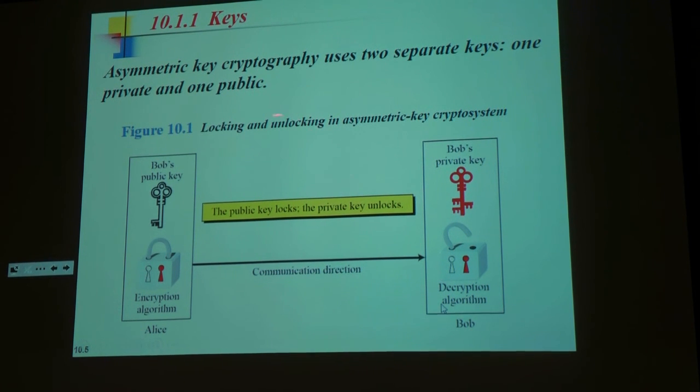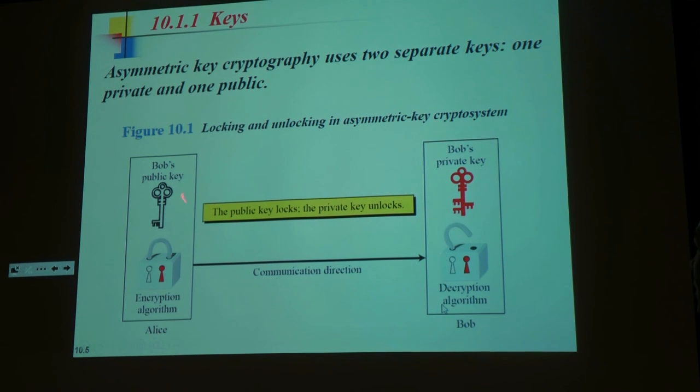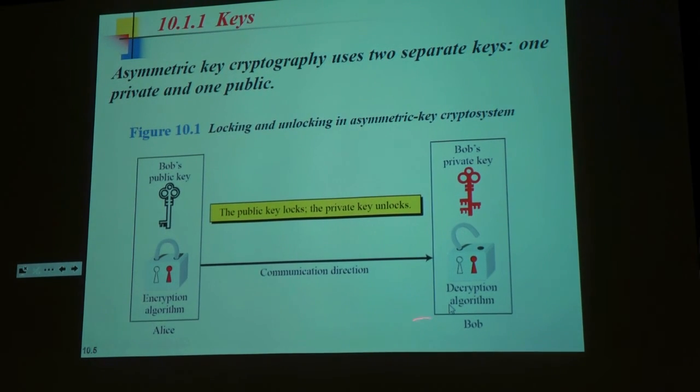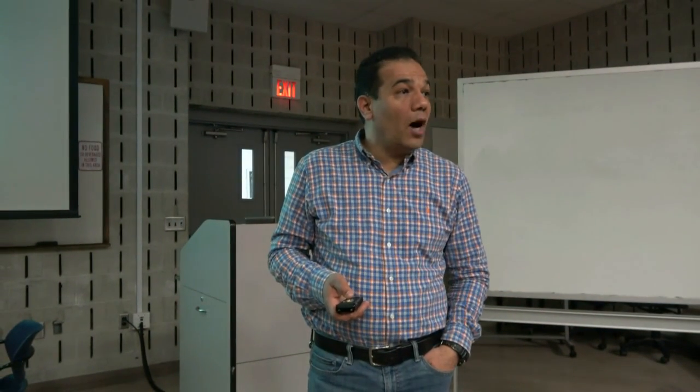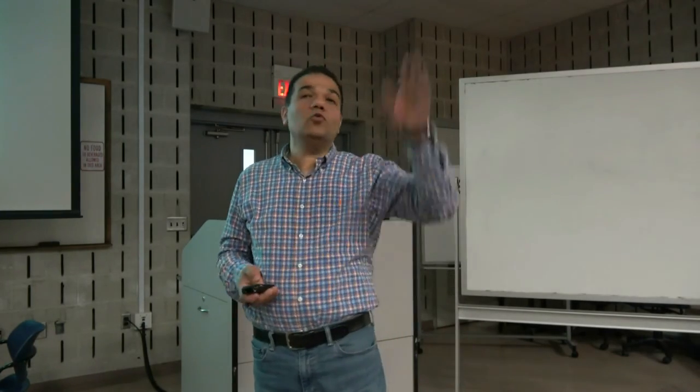So look at what will happen. This is Bob, and this is Alice. Alice wants to send a message to Bob, and the only person who needs to read it is Bob. Bob has a public key published everywhere, on his web page.